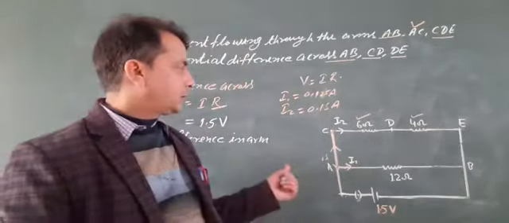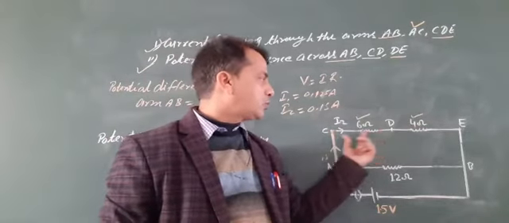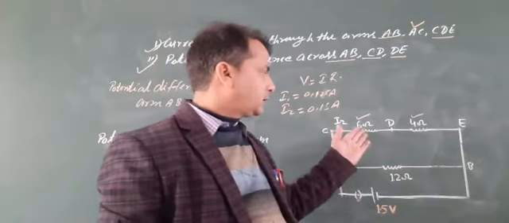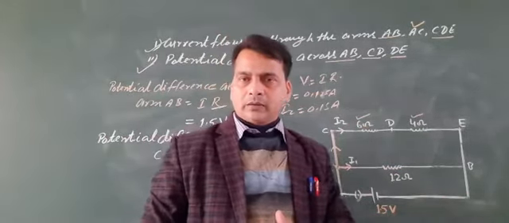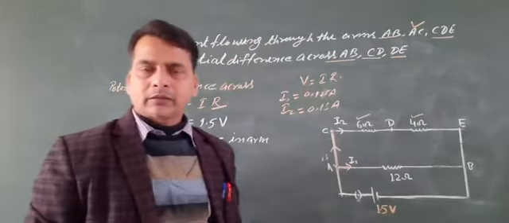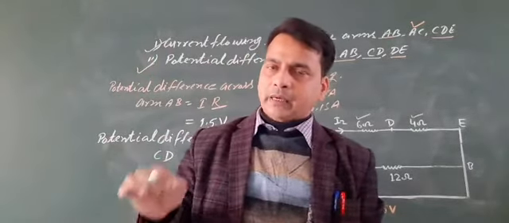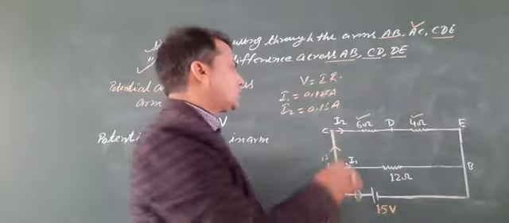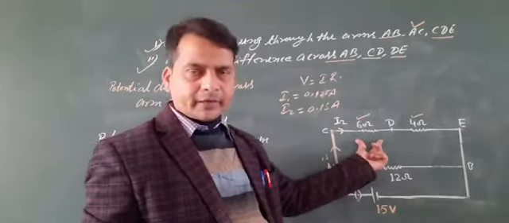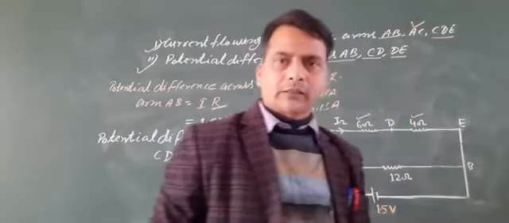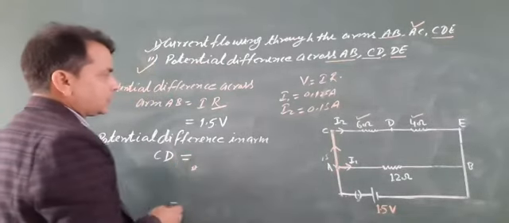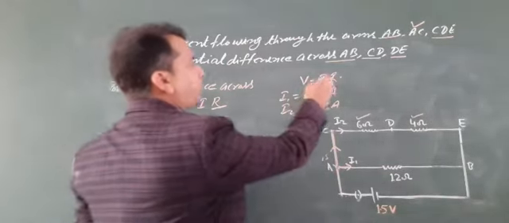We know that 6 and 4 ohm are connected in series combination, and in a series combination the potential difference across each resistor will be different and the current will be the same. So in this arm CD, the potential difference is I into R.